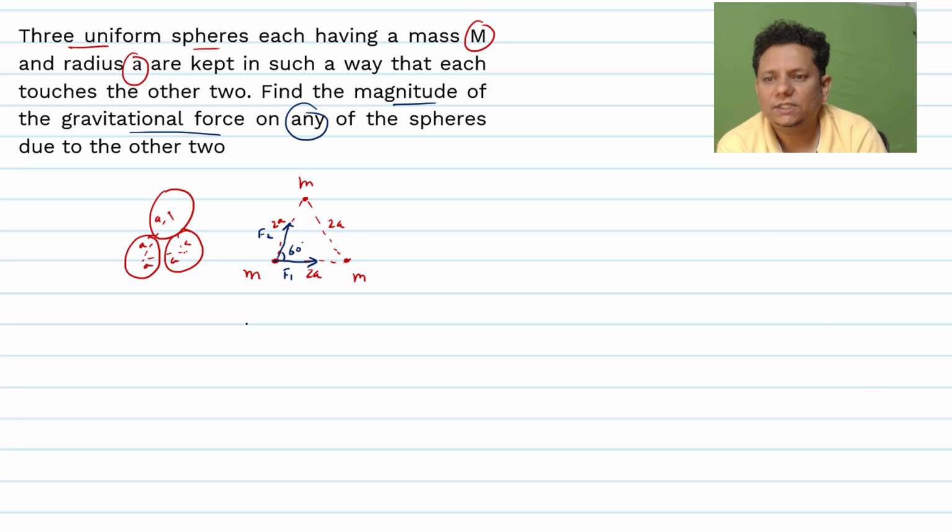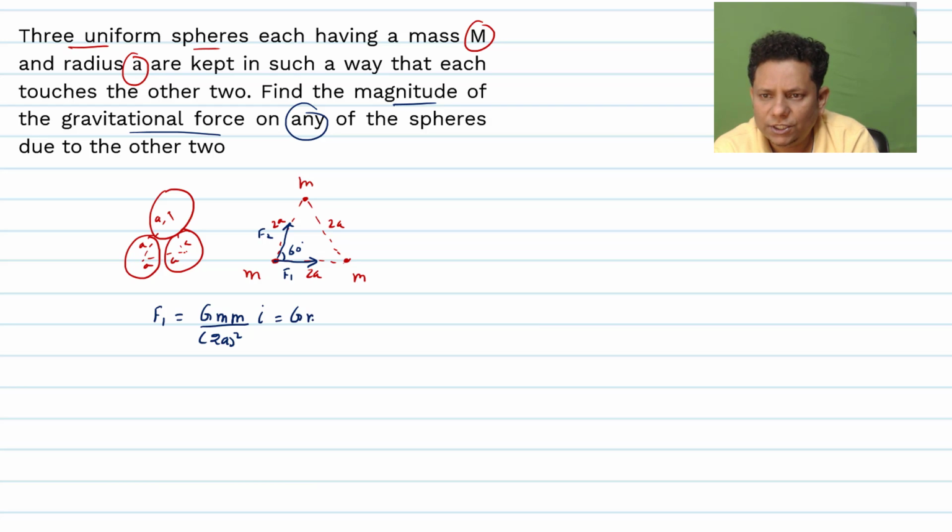And we are going to solve this question in vectorial format. So F1 will be equal to G M1, which is M, M2, which is also M, divided by 2a square, and the direction will be i cap. So this will be equal to G M square divided by 4a square i cap. Now the magnitude of force F2 will be equal to G M1 M2 divided by 2a square, multiplied by the direction.